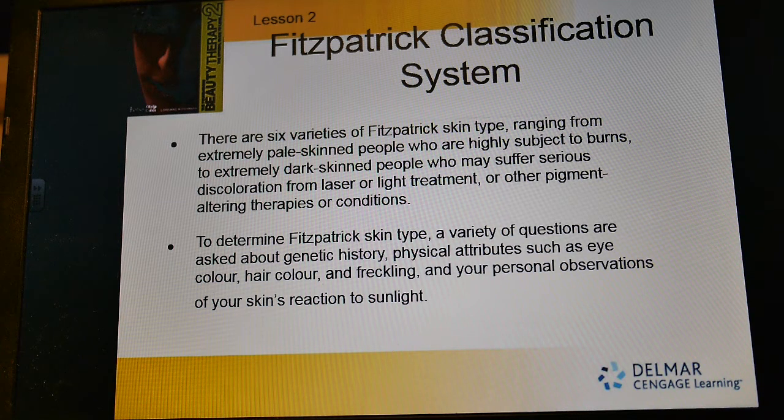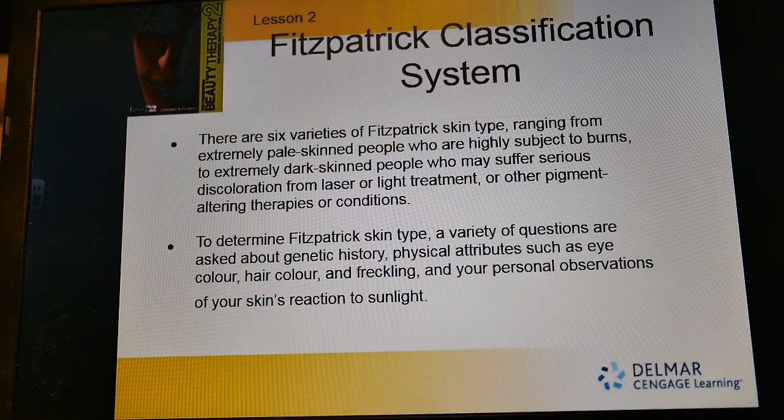We'll talk about how the skin will burn, how it will react to overexposure of sun, and it will tell you the different types of skin which can be affected.